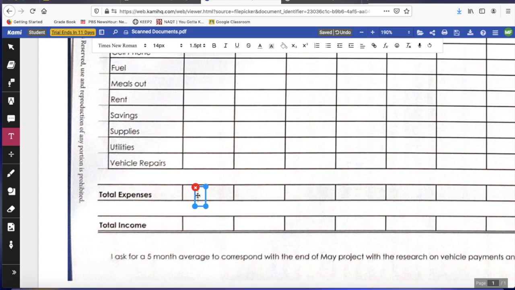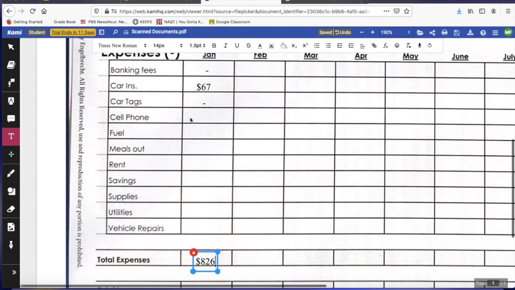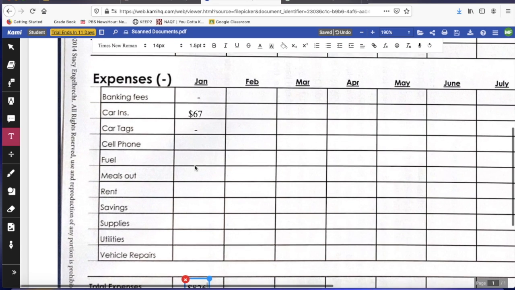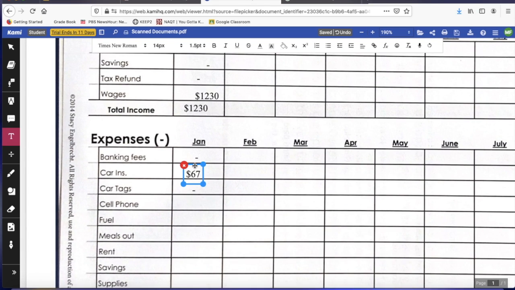And you can spot check your total expense should be $826 he spent. So once you've filled all of this out, you need to go through and write in the amounts that he spent. You can use your transaction ledger or the PDF. It would probably be easier for you to go through the transaction ledger.